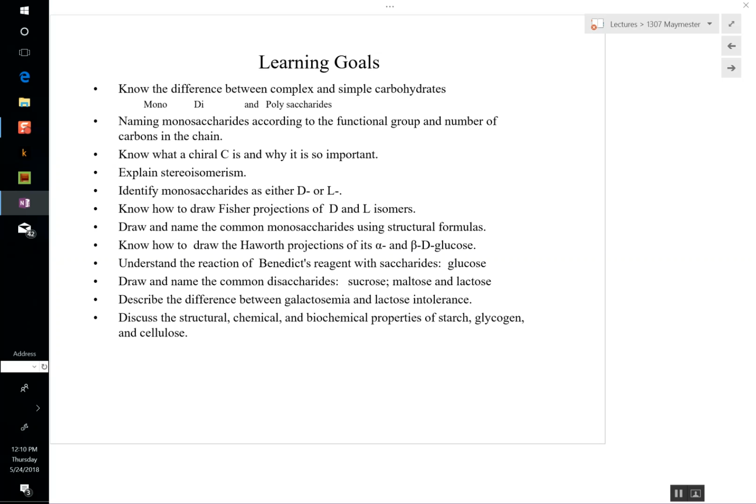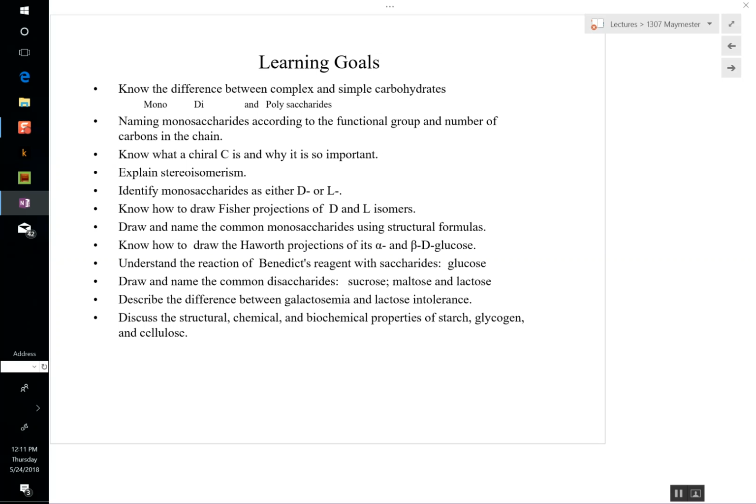A key thing to introduce here is going to be stereoisomers or chiral carbons. We'll talk about that. That's why I've got my mirror, not just to comb our hair. Identify monosaccharides as D or L, that's according to their optical isomers. How to draw Fischer projections. Draw and name common monosaccharides using structural formulas.